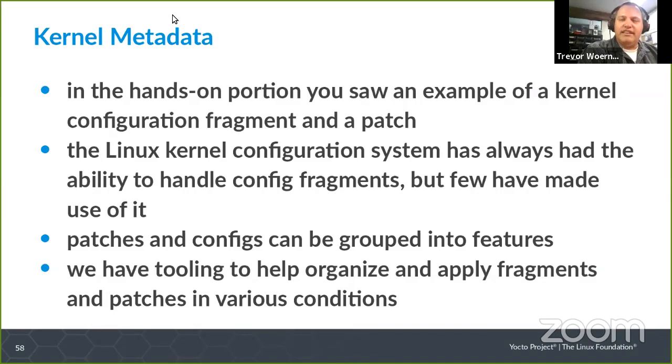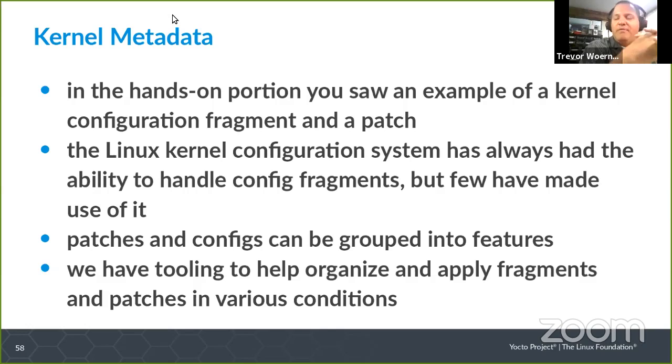What it allows you to do is group configurations into basically features and BSPs and whatnot. You might have a base configuration, and then you'll want to add extra configuration to it, which might not only need configuration changes, but might also require patches.